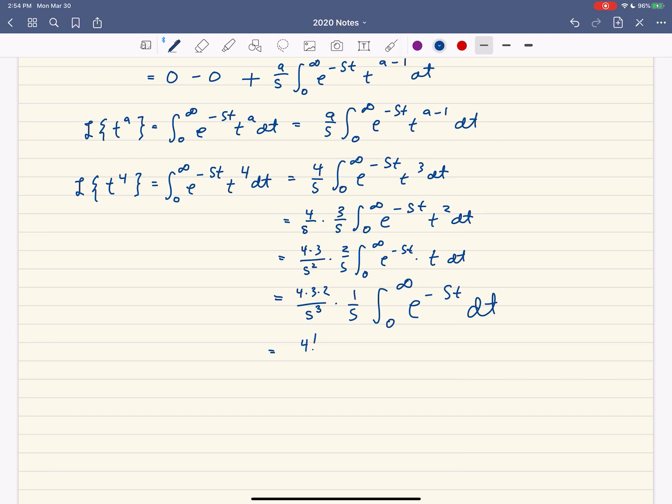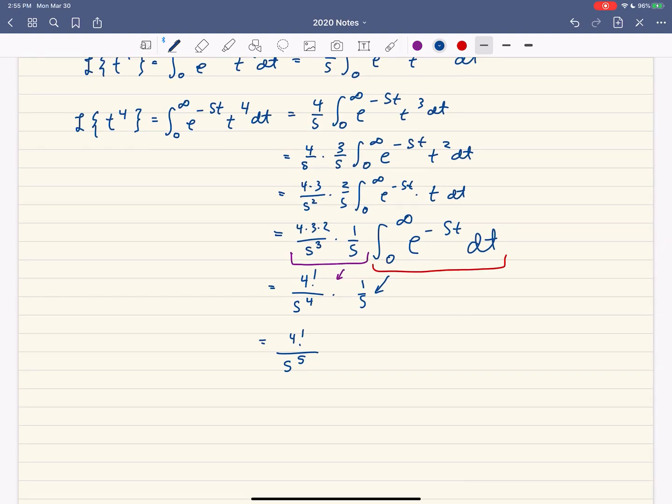So this is going to end up being 4 factorial over, this is s to the 4th out here. So just to be clear about where everything's coming from, that's 4 factorial over s to the 4th. This integral from 0 to infinity, e to the negative st dt is 1 over s. So it's going to be another 1 over s. Okay, and altogether that's going to end up being 4 factorial over s to the 5th.